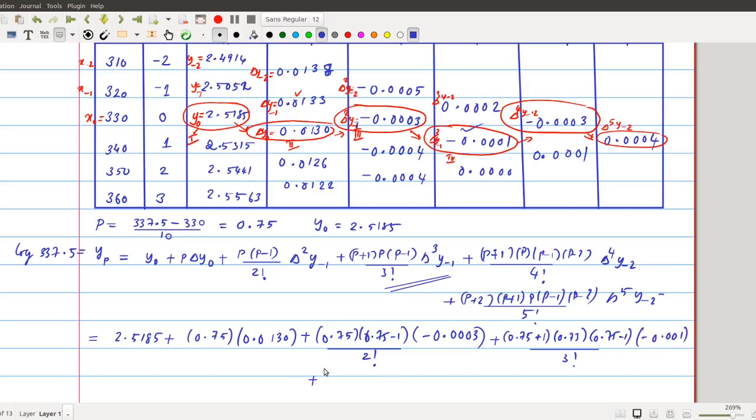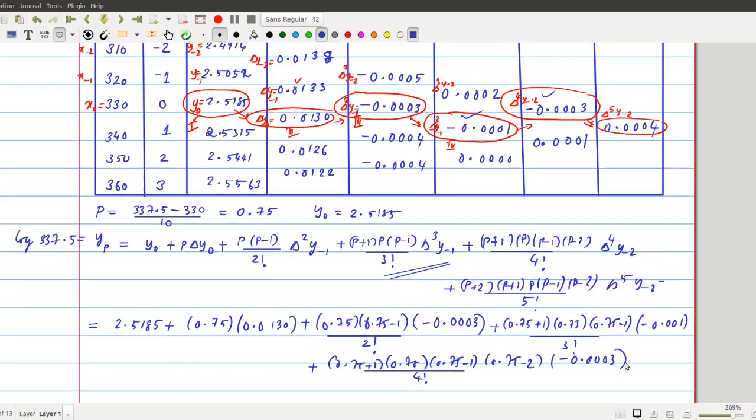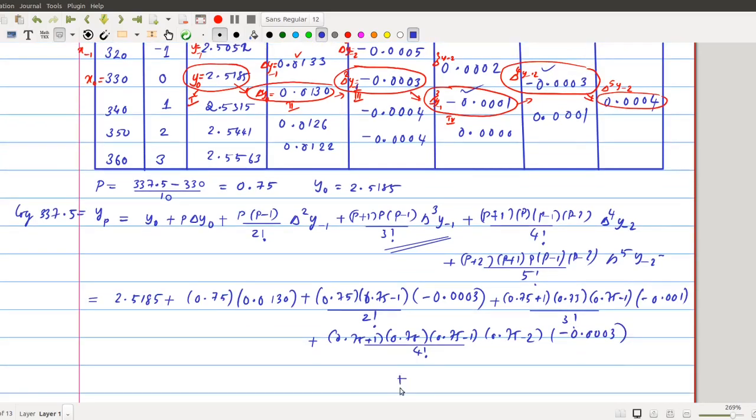Plus the fifth term will be this number: 0.75 plus 1, 0.75, 0.75 minus 1, 0.75 minus 2 divided by 4 factorial into delta raised to 4 y minus 2, that is minus 0.0003.